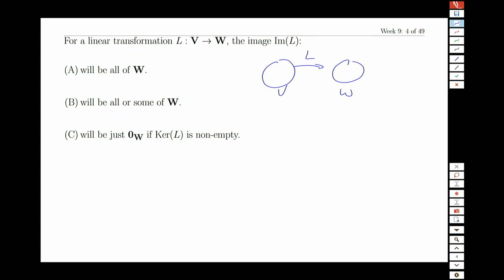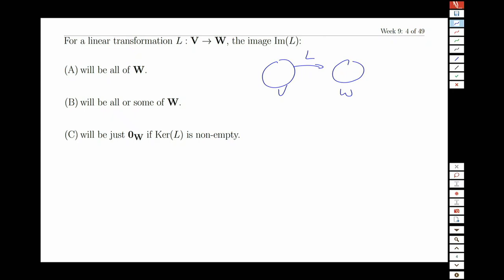Give another 5 or so seconds. Again, clicking in sticks to your brain better.